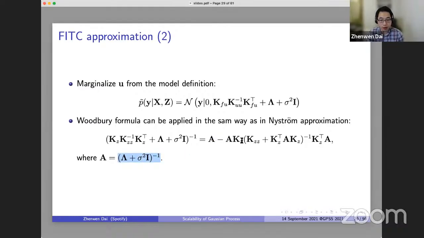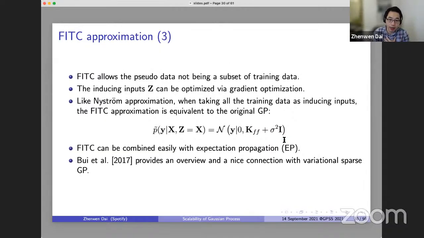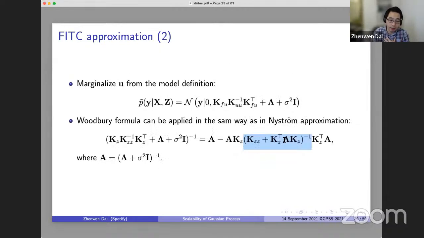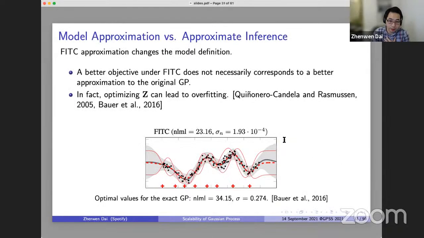But the structure follows the same. In the middle, we have an M by M matrix, which is about those inducing points. With these Woodbury equations, we can calculate the FITC approximations again with M squared complexity.